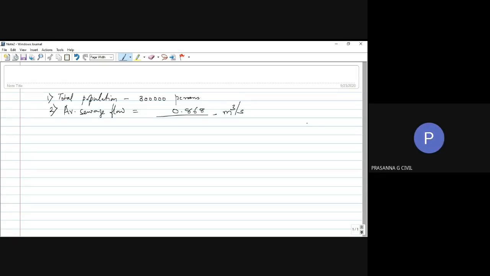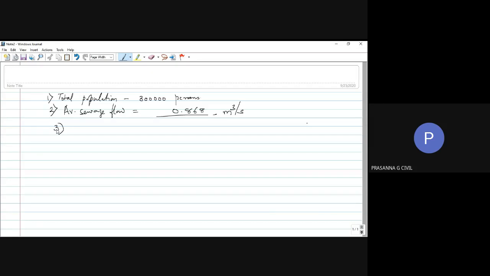So now you have to tell me, this is the average. What have they talked about with respect to peaking? I will read the sentence. The maximum flow is 100% in excess of average. So 100% means double, right?